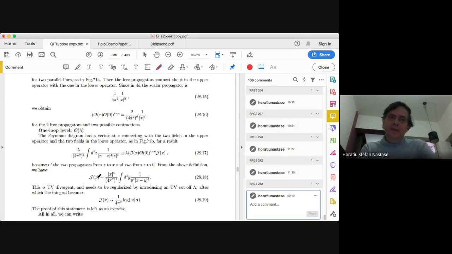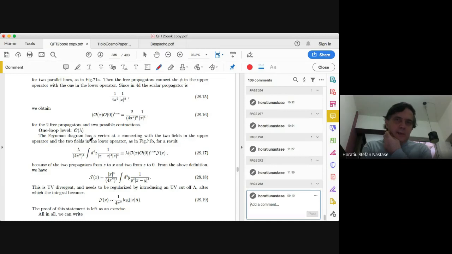And now let's go to the 1 loop level. 1 loop level means order lambda, so introducing a vertex at some point z.